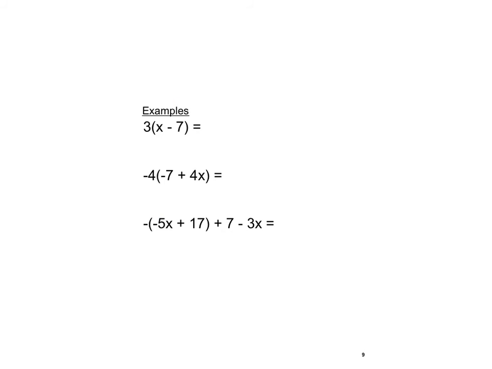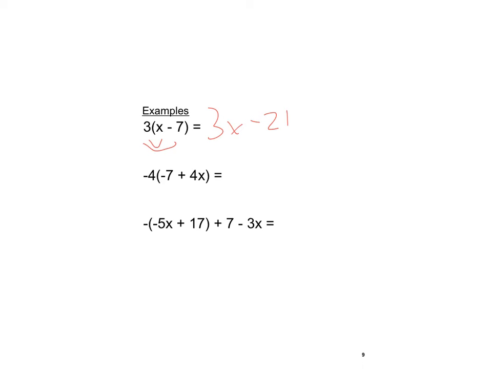Looking at some examples here just really quickly. So here you can see there's variables in play with some of these terms. For instance, to start here, we've got 3 times x, so that's just 3x, and then 3 times a negative 7, so that's a negative 21. So that would just be minus 21, or plus a negative 21.